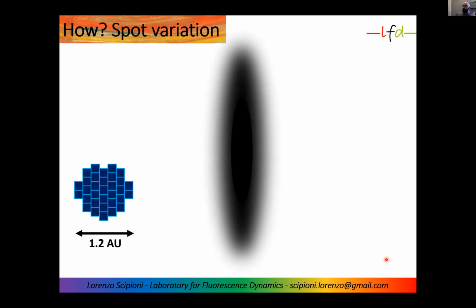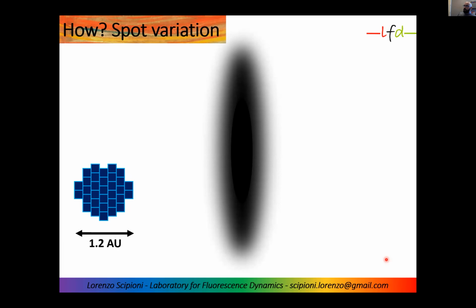Let's see how. So spot variation usually is applied by changing the objective, using a lower numerical aperture. So it basically goes from your diffraction limit, and then you increase the size of your illumination volume to get further points in your curve for the determination of the diffusion.